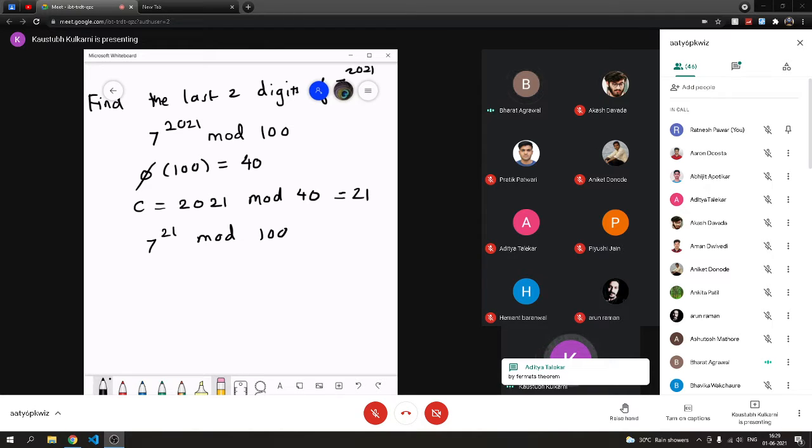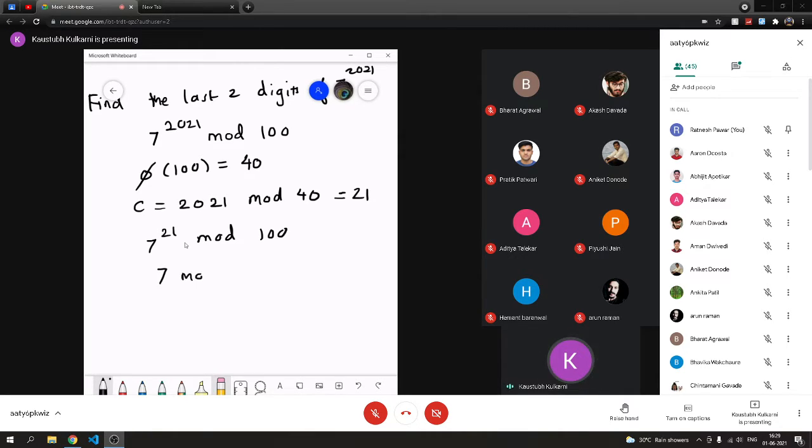Aditya says by Fermat's theorem. Fermat's theorem cannot be directly used here. It can be used in combination with the Chinese remainder theorem, which is one way to solve this. But an even simpler way looks like a brute force method, but we have seen this before.